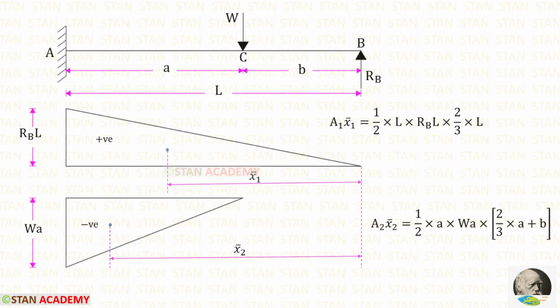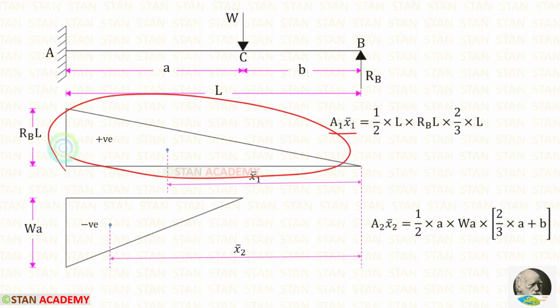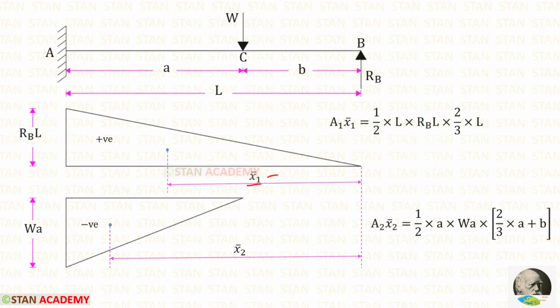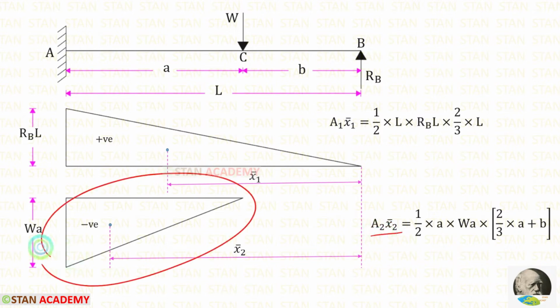Now let us find area 1 x1 bar. This is a triangle. We know the formula for the area of a triangle, half into B H. Here B is L and the height is RB L. The centroid distance is 2 by 3 into L. Now let us find area 2 x2 bar. This is also a triangle.